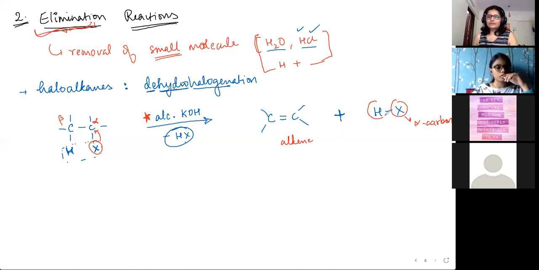So the hydrogen is always from the beta carbon. It won't take hydrogen from a random place. It always takes it from the adjacent carbon atom, whichever is closest. Which makes sense, right? If you need a double bond to be formed, the hydrogen needs to be removed from the adjacent carbon atom.